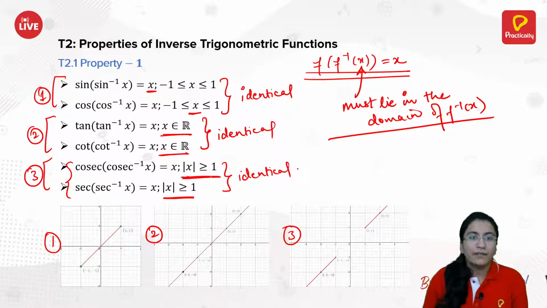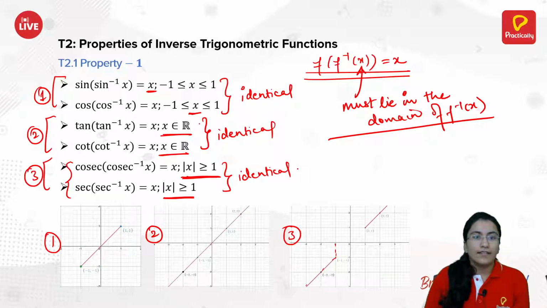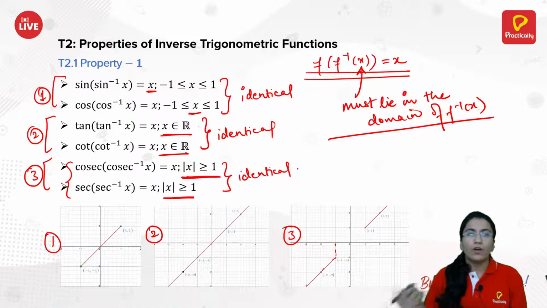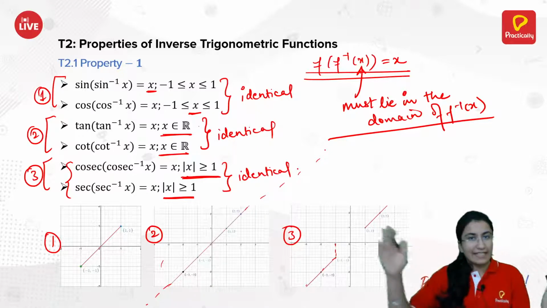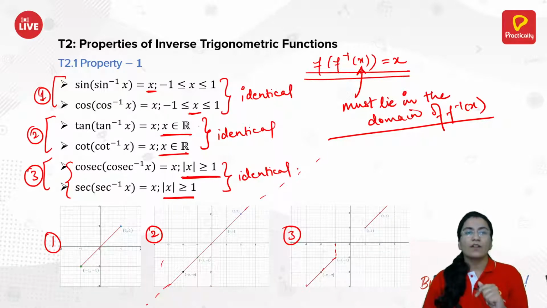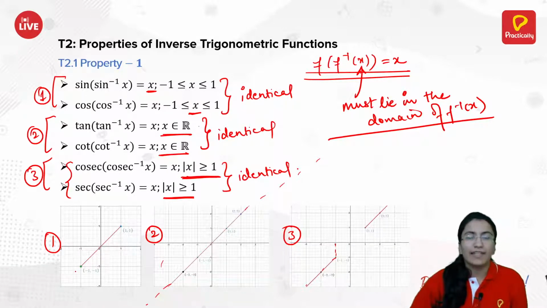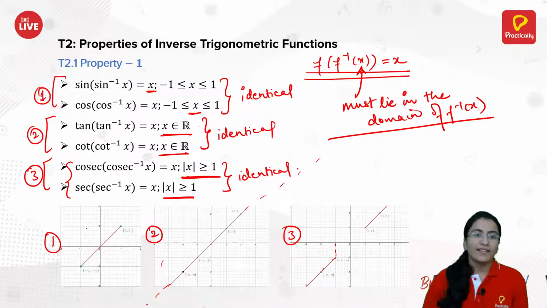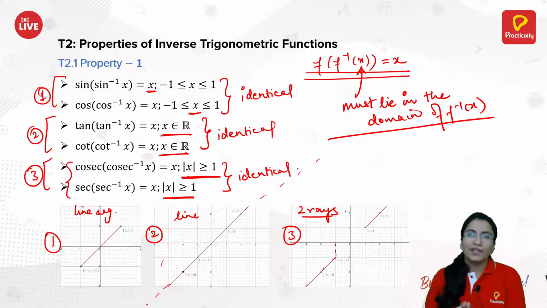Basically, this is defined when x is either less than -1 or greater than 1. Next, tan and cot are defined for all values of x. That means this line extends to infinity on both sides. And for sine and cos, you have a restricted domain between -1 to 1. That means you will have a line segment. Basically, here you have a line segment, here you have a line, here you have two rays. You can remember it like this also: line segment, line, and two rays.